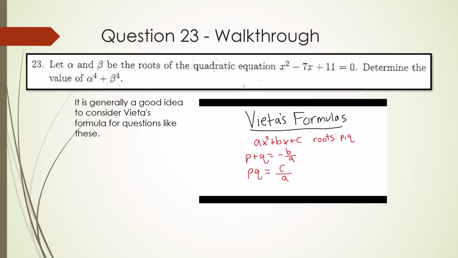You realize that a quadratic can be written as x minus alpha times x minus beta times some scaling factor, let's say n, and this is going to give you a formula for the quadratic based on its roots. Then you can multiply it throughout inside, and then you can simply compare the coefficients to what you have over there, and then you can end up with your Vieta's formula. So this is the best starting point.